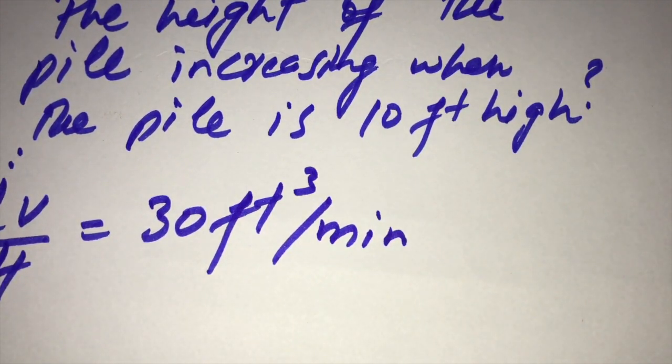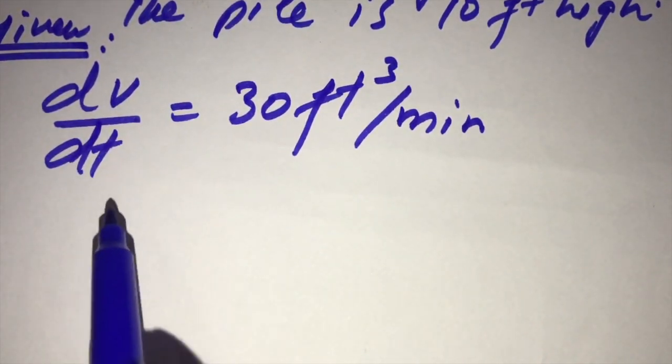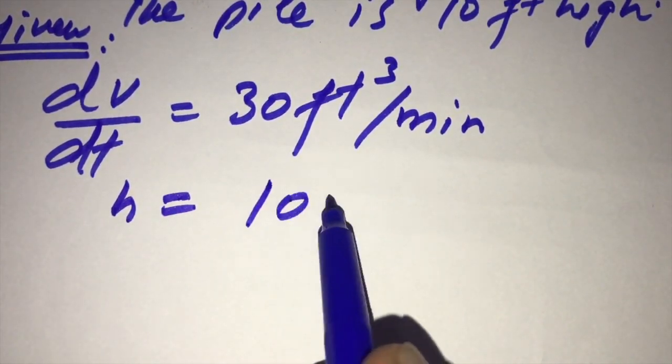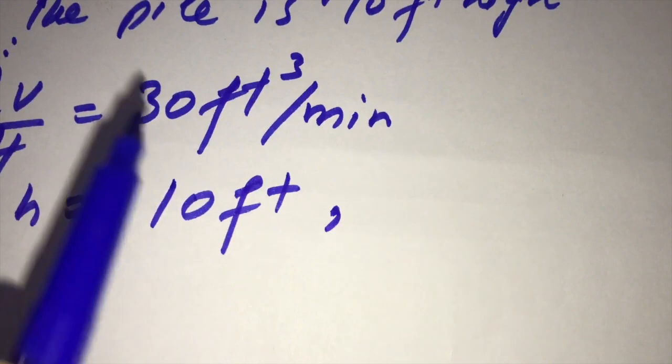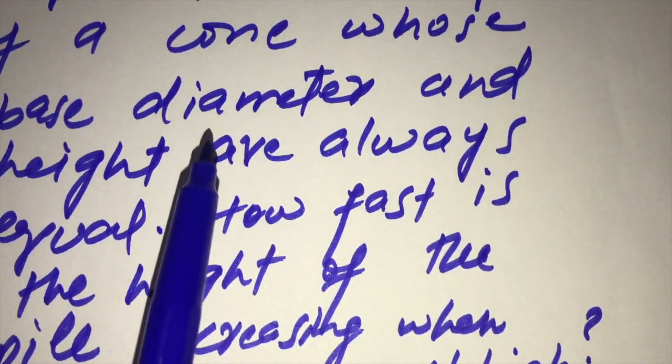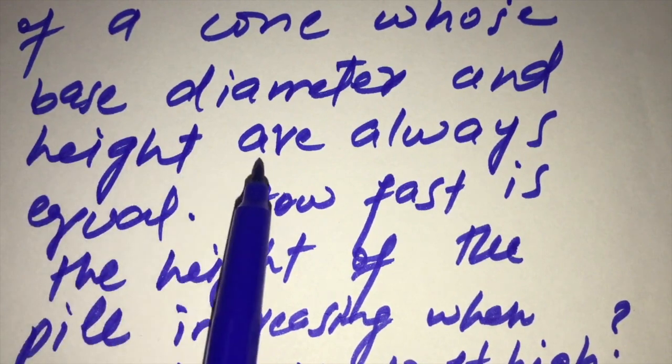As it is mentioned in the question, the pile is formed in such a way that it forms a cone. So the volume of the cone is changing per unit time at 30 feet cube per minute. We are also given that the height h of the pile is equal to 10 feet, and that the base diameter and the height are always equal.